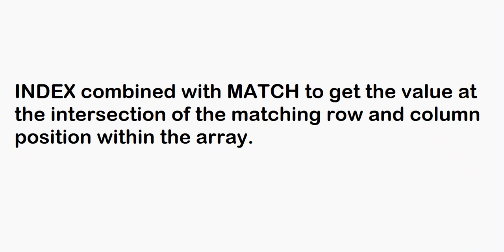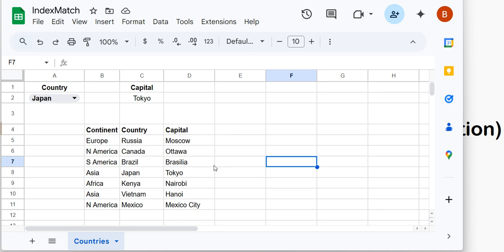Now, index is often combined with match to get the value at the intersection of the matching row and column position within the array. We usually want the row and column position, so we have to provide the lookup array and then use match to get the row and column positions. Let's come back to our spreadsheet and provide some row and column values within the array.